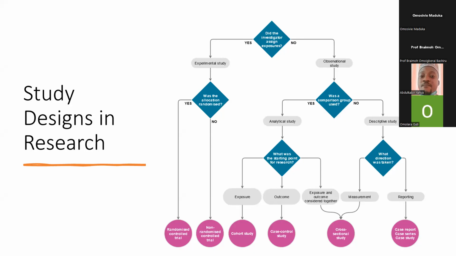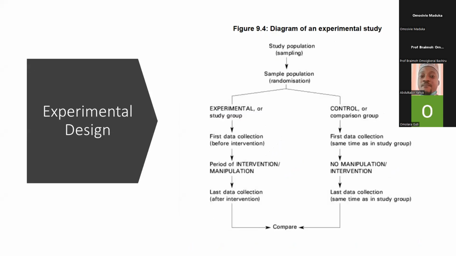If that was not in place, it is a non-randomized control trial. And there are various variants of this, and we'll go on to look at that. So let's dive into an experimental design, because we'll find that it's very relevant to the conversation that we are here to have today. So this is what the process of an experimental design looks like.